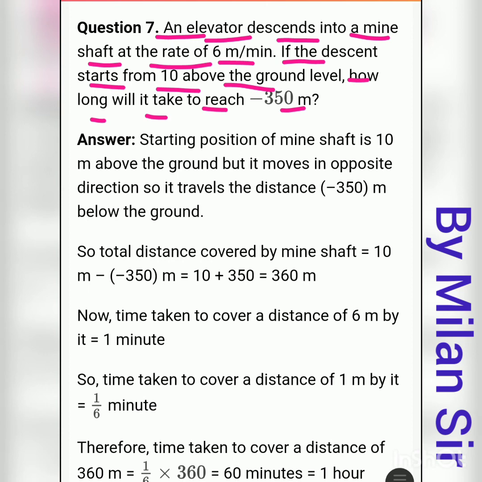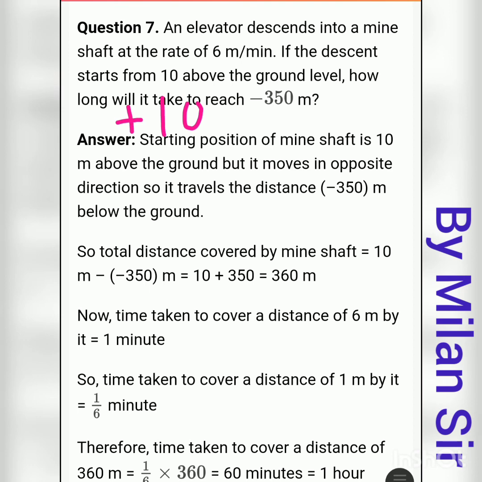This is a similar type of question as question number 5. The initial position is 10 meter above the ground level, that means plus 10, and we need to reach -350 meter.